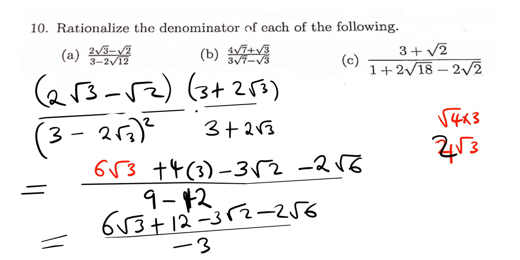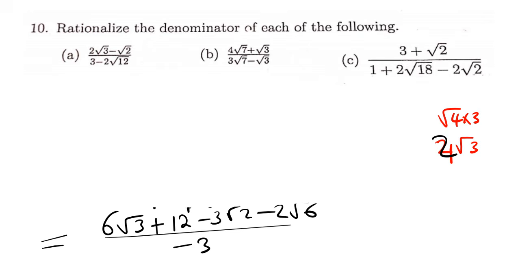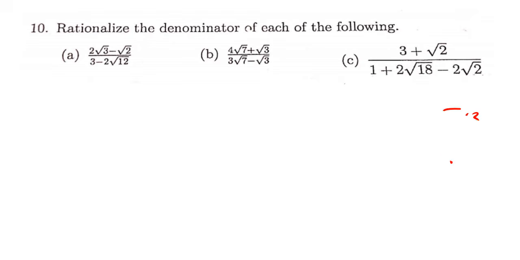Is there anything that we can simplify from here? No, so you can even leave it from there, it's still fine. Basically, this is how you simplify these expressions. You just have to make sure that you multiply by the conjugate.